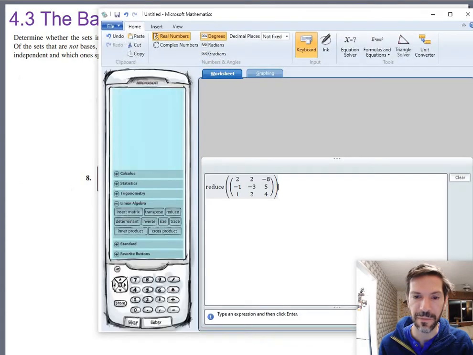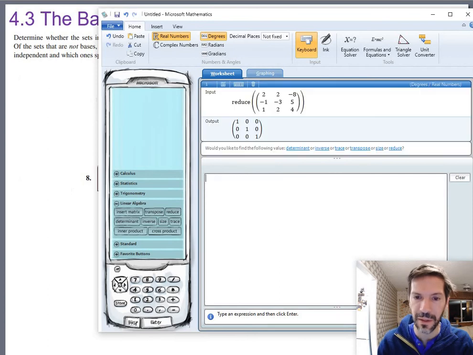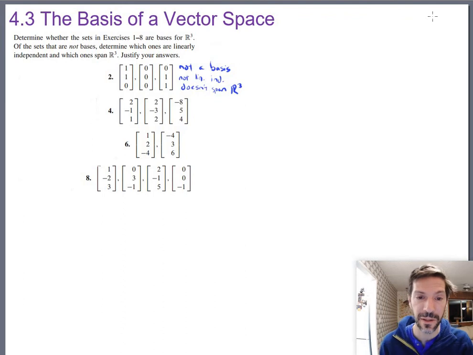So go ahead and grab your favorite row reducing tool and dump those in. After row reducing, we can see that it's equivalent to the identity matrix. There are 3 pivots, so the columns are linearly independent, so therefore it is a basis for R3.